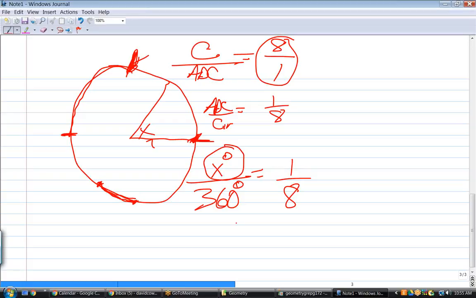It's a little silly to do this. Why not just multiply both sides by 360, and then x is your answer. It's 360 divided by 8, and that's what's equal to 45.